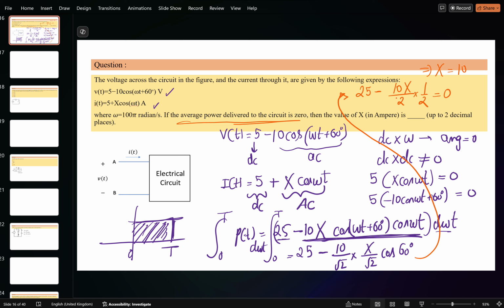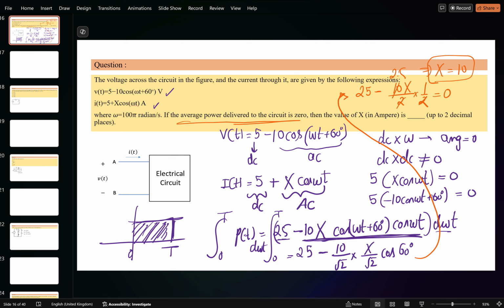Because this is a 4, when you cross it, it will become 2.5 and x will become 10. So this is the correct answer. This is the one concept to see: when you multiply DC with DC term, it is non-zero, and when you multiply DC with some frequency term, it becomes zero. Try to solve this problem.